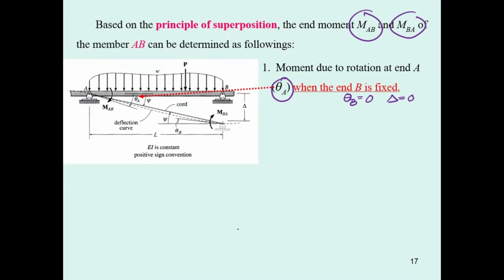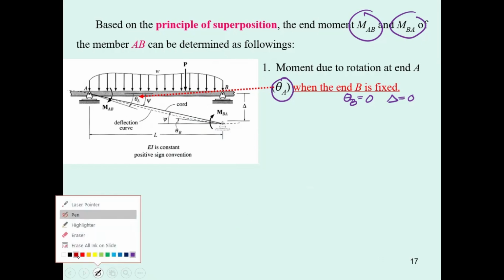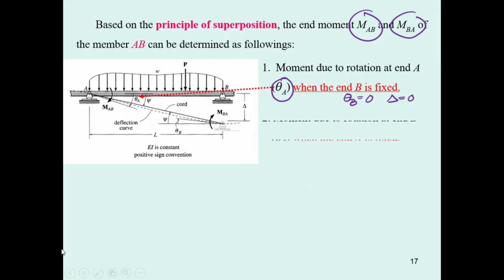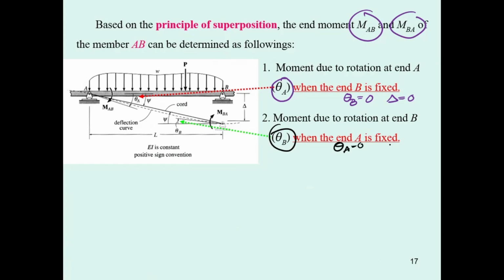And then the second one, we consider how zeta sub B, when zeta sub A is 0 and delta is 0, contributes to the end moments M sub AB and M sub BA in order to get the equation.